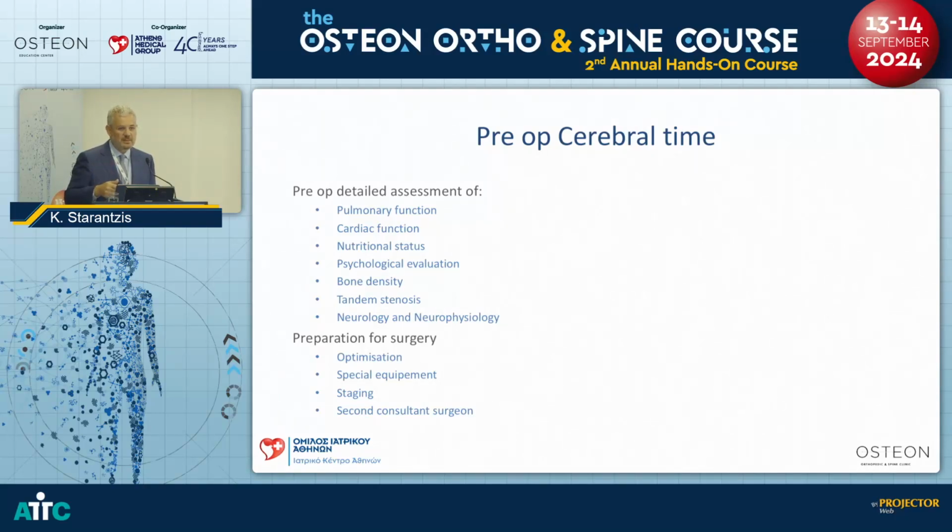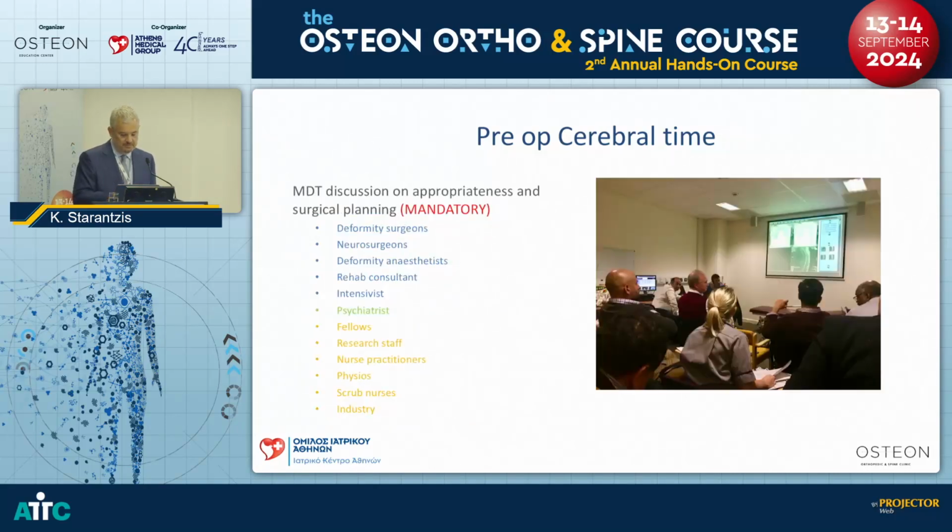For adult deformity surgery, I think this is a must. And you need to discuss your plan with other colleagues who can give you an opinion and tell you if what you think is a great thing to do actually is.